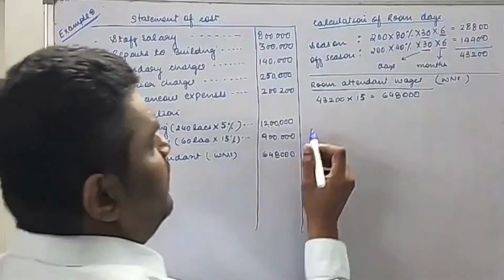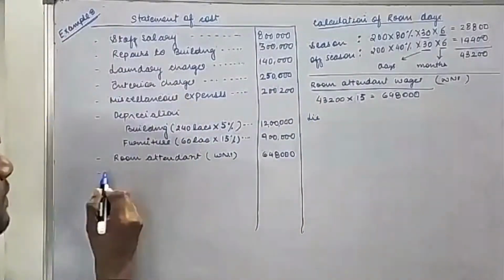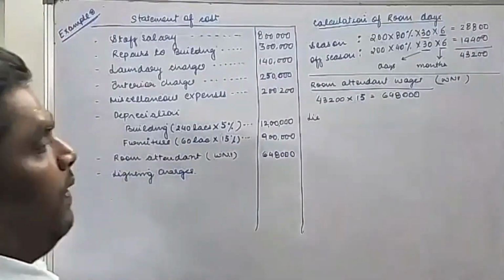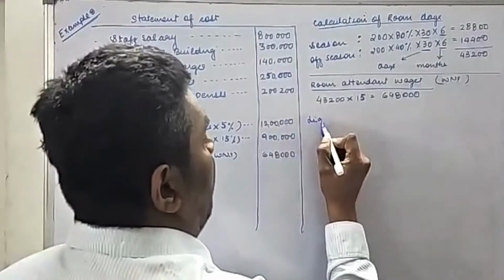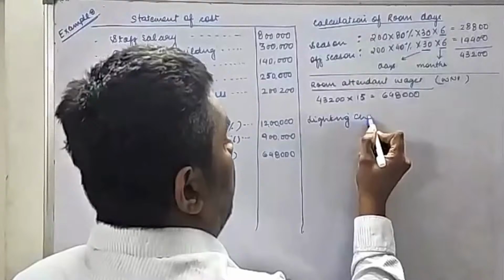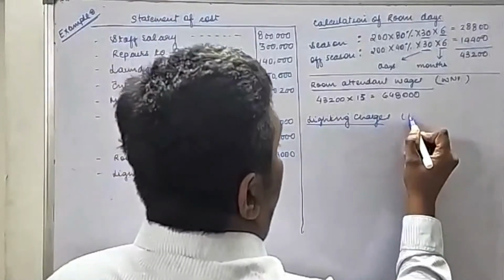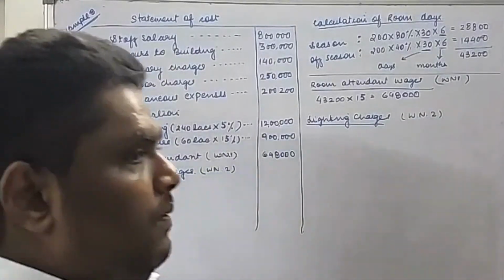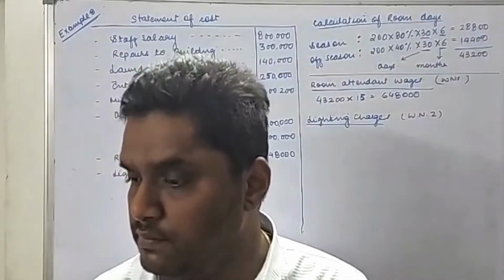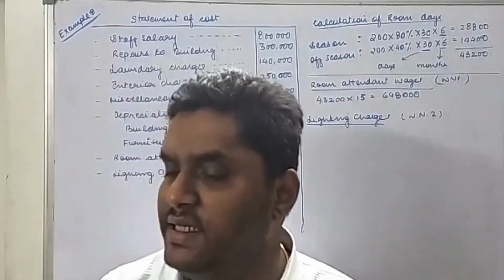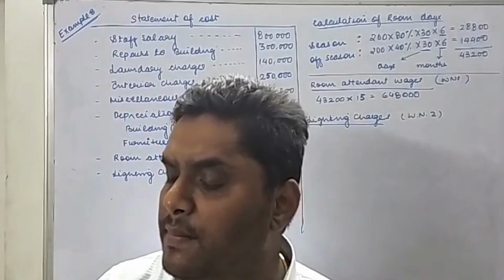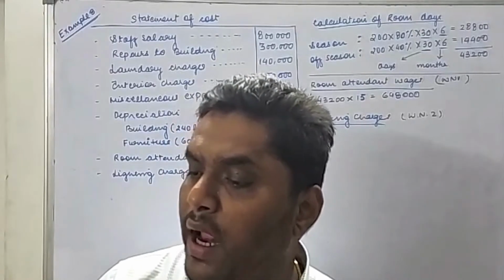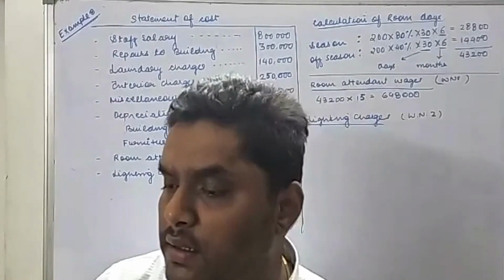Now next is calculation of monthly lighting charges. See, when talking about lighting charges, it is given that the monthly lighting charges are 110, except in 4 months in winter, it is only 30 per room, and this cost is on the basis of full occupancy for a month.